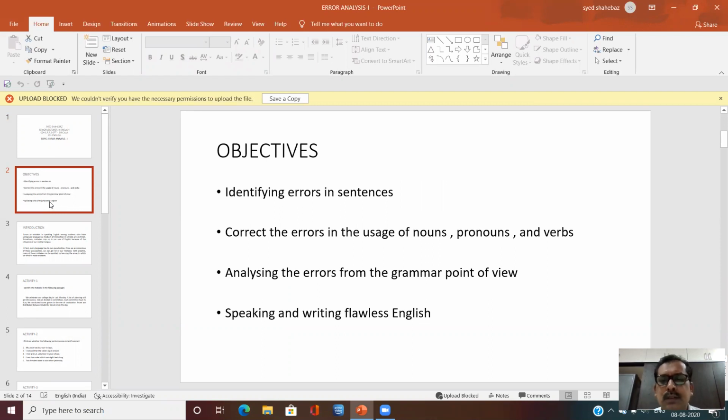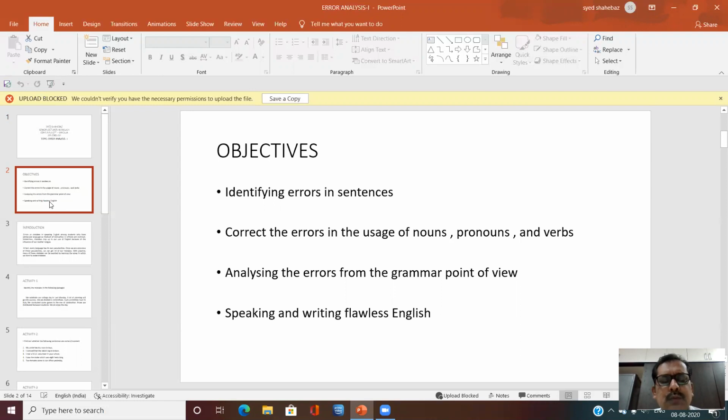Generally, the students with vernacular background, Telugu medium background, tend to commit many mistakes in speaking and writing. So, in this lesson, we are going to identify errors in sentences.